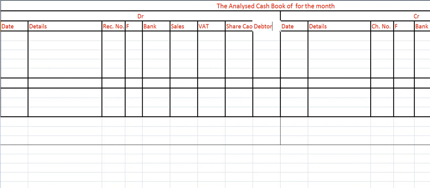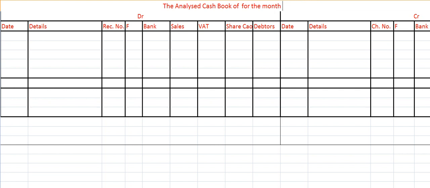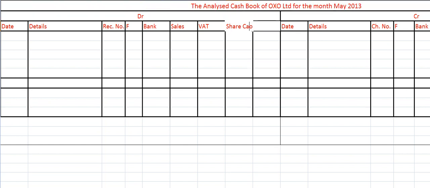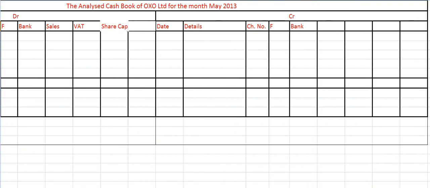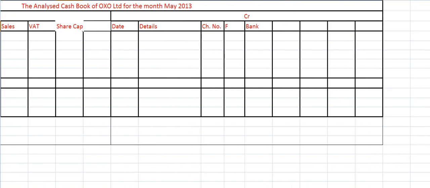Okay, now I've made a rookie error there. I should have titled my cash book. Always title your accounts. Most of the time there are marks going for these. Oxo Limited for the month of May 2013. Okay, share capital, and then the credit side, the question is telling me credit side is bank, purchases, VAT, and wages.